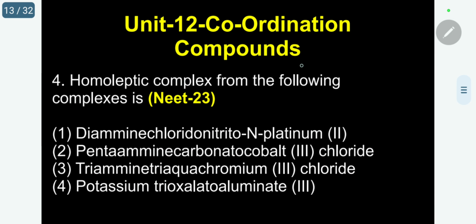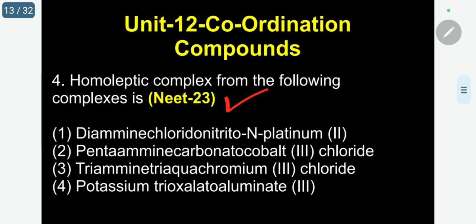Next one. Question number 4. Homoleptic complex from the following complexes, NEET 23. What is meant by homoleptic complex? It's a new term we are introducing here. We have not studied it in the book. My dear students, we have not studied it in the book.